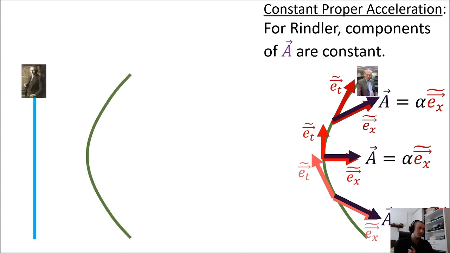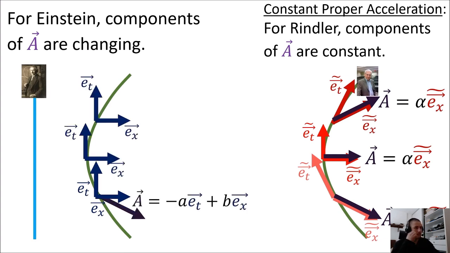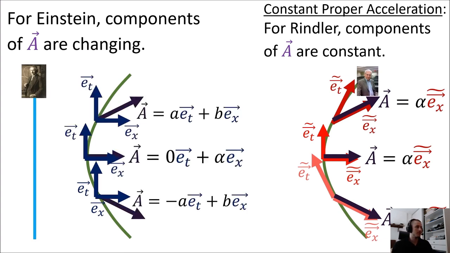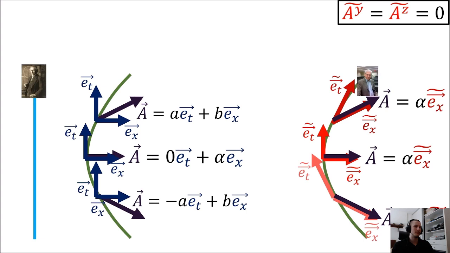But the nearby stationary observer Einstein will see Rindler's 4 acceleration vector have a different mix of time and space components depending on when Einstein measures it. If we assume Rindler's acceleration is only in the x direction, then he would calculate his 4 acceleration a to be alpha times ex tilde, where alpha is the size of his proper acceleration.